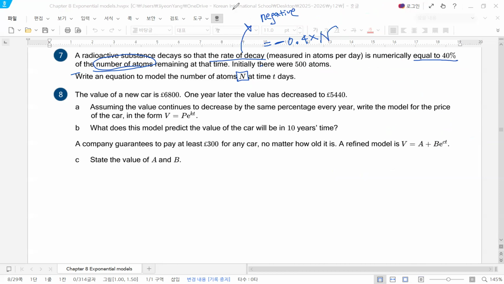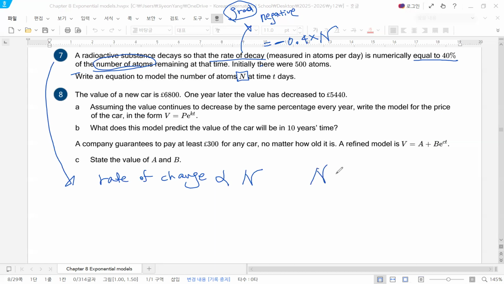Rate of decay is gradient. So firstly, you need to figure out this is about exponential decay because the rate of change is proportional to the remaining population.